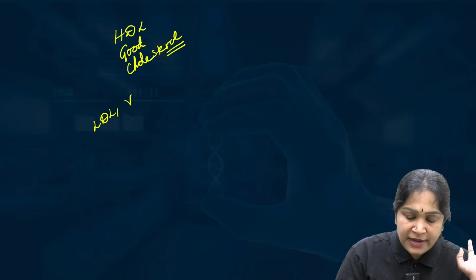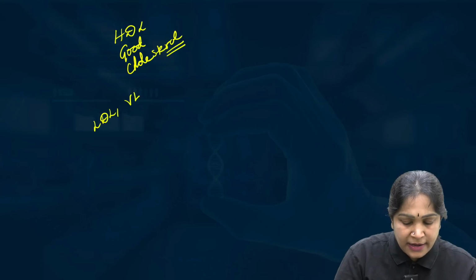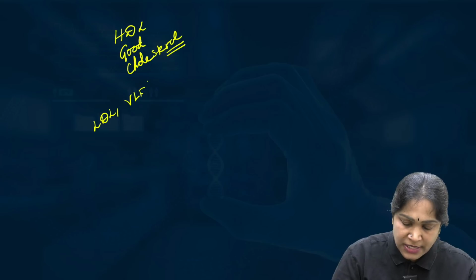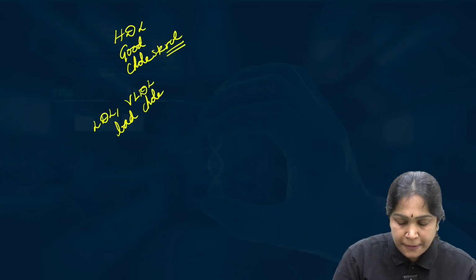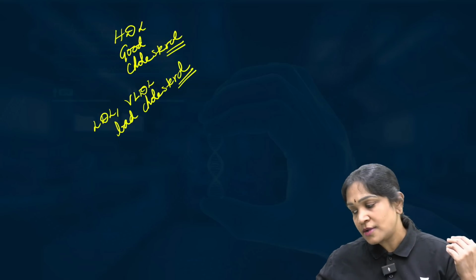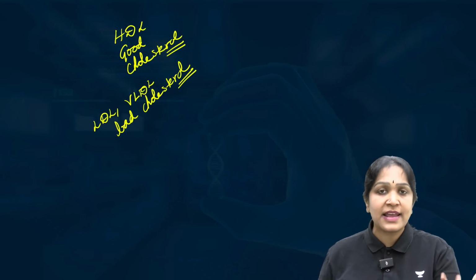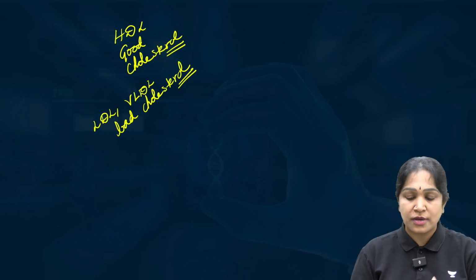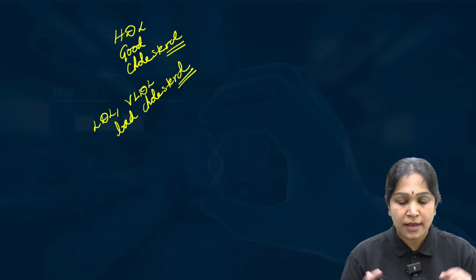LDL and VLDL, very low density lipoproteins, are called bad cholesterol. Okay, we understood what is good cholesterol and what is bad cholesterol, but why like that? Why is this called good cholesterol? Why is that called bad cholesterol?